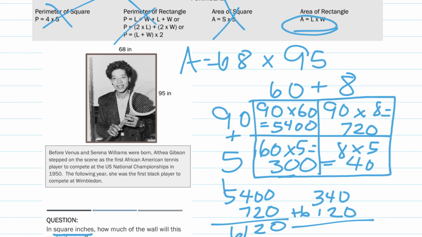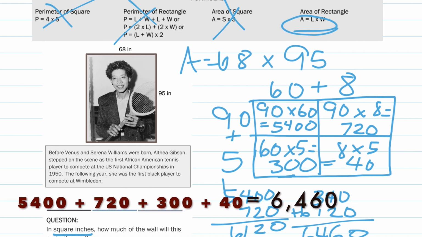Okay, I added 300 plus 40, and now I'm adding 340 to 6,120. Okay, and I would get 6,460.